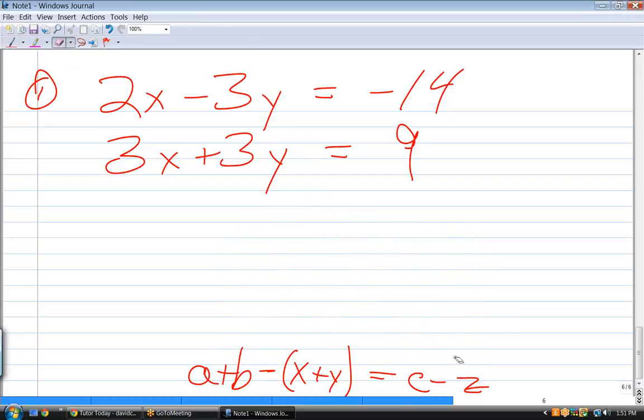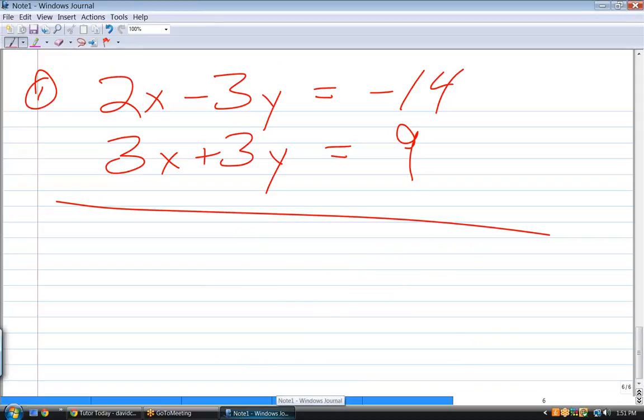So, what you've given me is a problem that can be solved by elimination. Elimination means eliminating a variable. So what can I do to these two equations to eliminate a variable? My two variables are x and y.